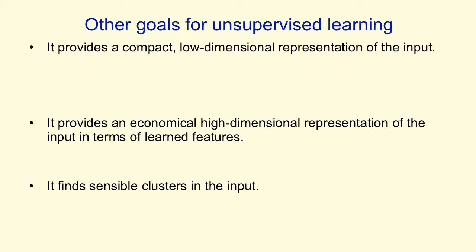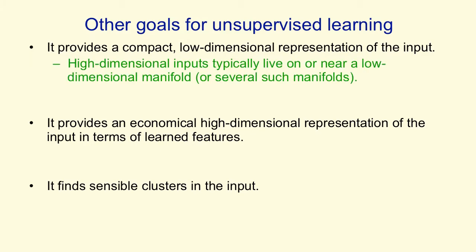Other goals for unsupervised learning are to provide compact, low-dimensional representations of the input. So high-dimensional inputs, like images, typically live on or near a low-dimensional manifold, or several such manifolds in the case of the handwritten digits. What that means is, even if you have 1,000,000 pixels, there aren't really 1,000,000 degrees of freedom in what can happen.